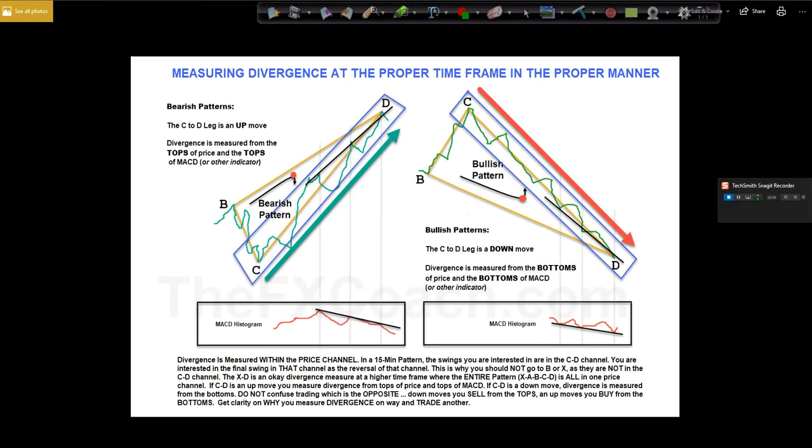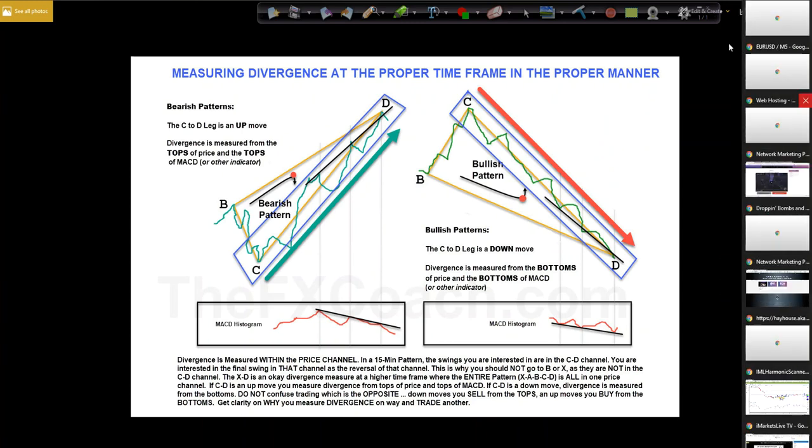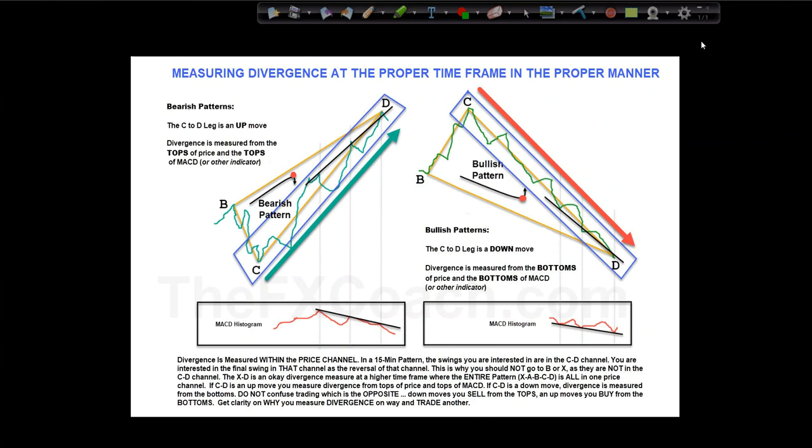All right, so let's look at this. Bearish patterns. Let's talk about the left side. Bearish patterns. The CD leg is an up move. For up moves, we want to measure divergence on the tops, the top of the price channel and the top of the histogram channel.